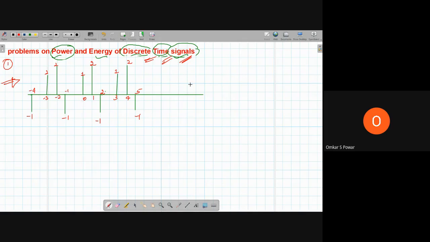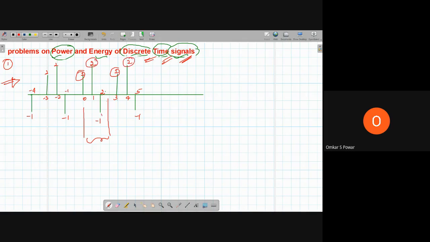If you look at this figure closely, from 0 to 2 there's some pattern. At 0 its value is 1, at 1 its value is 2, and at 2 its value is -1. This pattern, if you see, is repeating. At 3 it is 1 again, so you can map this here and this one here.